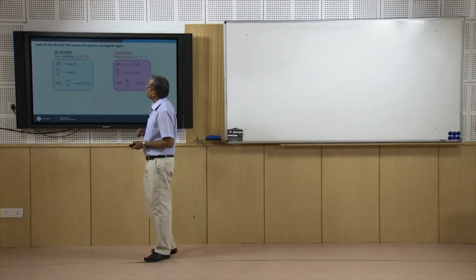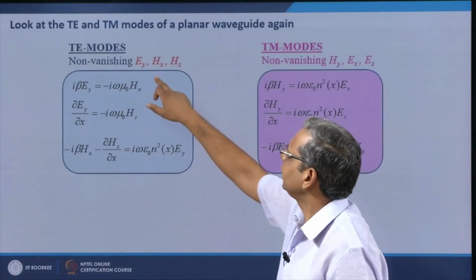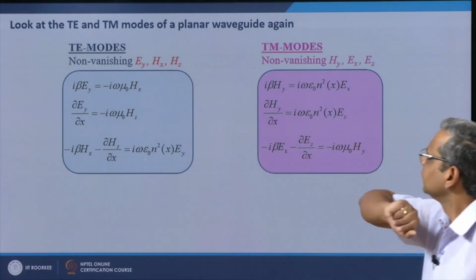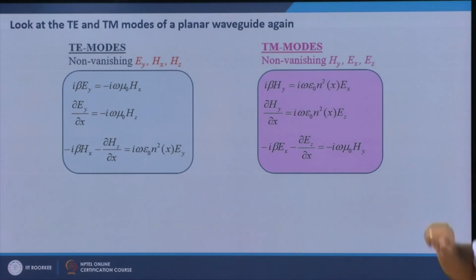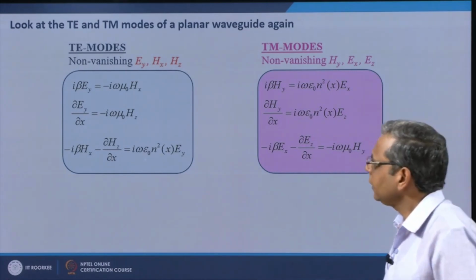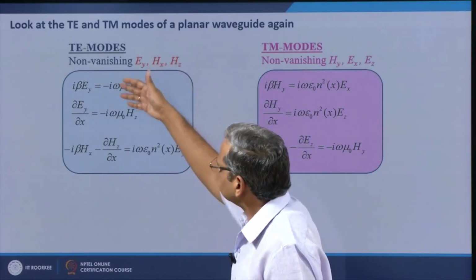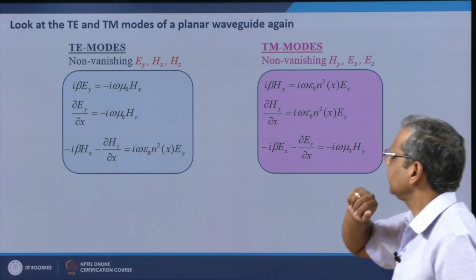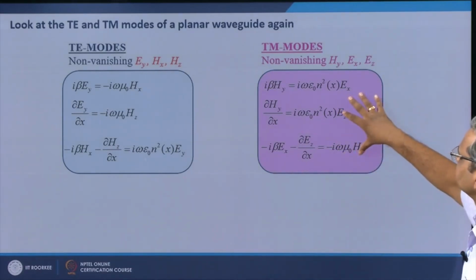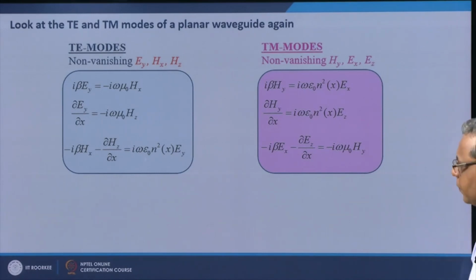So, I had TE modes with non-vanishing components Ey, Hx and Hz, and TM modes with non-vanishing components Hy, Ex and Ez, and these three equations relate these three non-vanishing components here, and these three equations relate the non-vanishing components of TM modes.